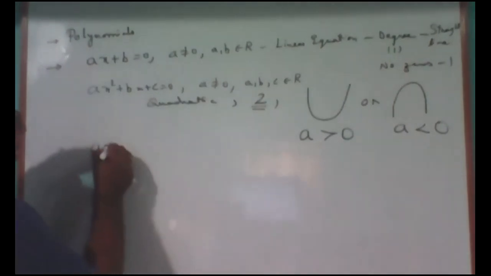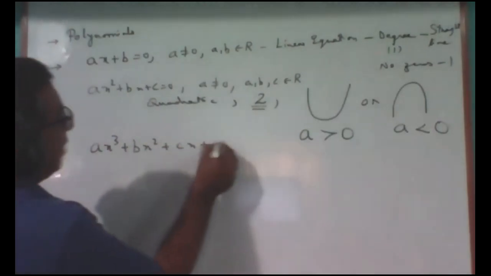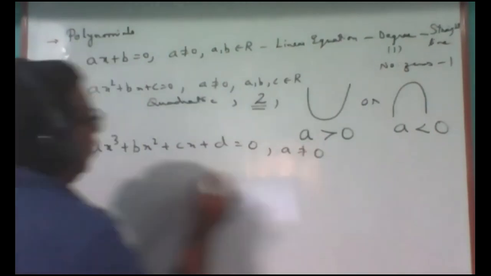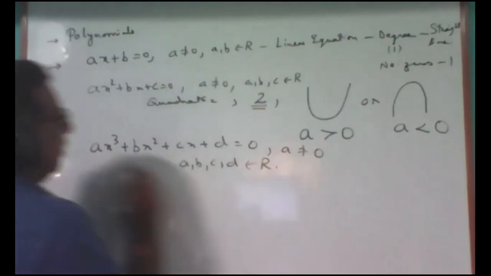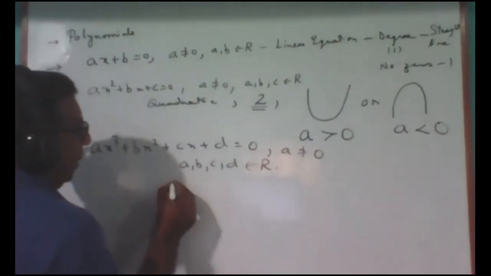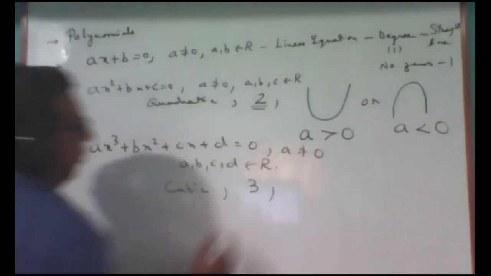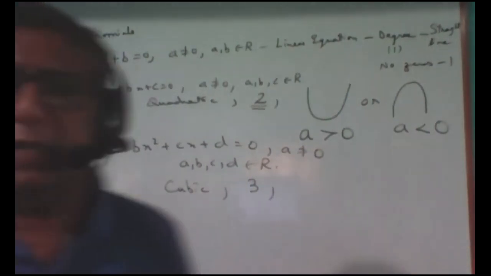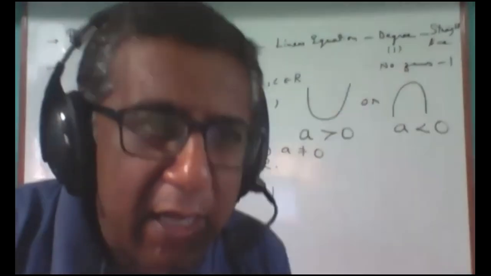Then we studied ax cube plus bx square plus cx plus d equal to 0, where a not equal to 0, a, b, c, d element of R. This type of equation or polynomial is said to be a cubic polynomial. What is the degree? 3. And another thing we studied, that a polynomial means the degree or the highest power is n.